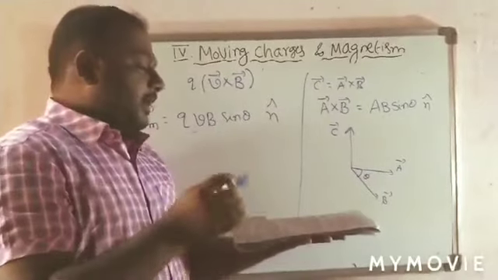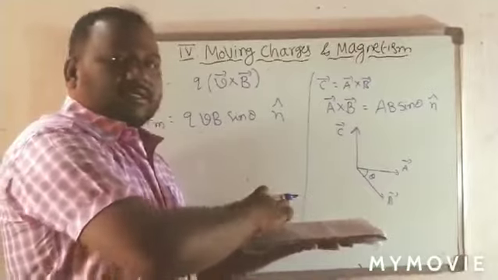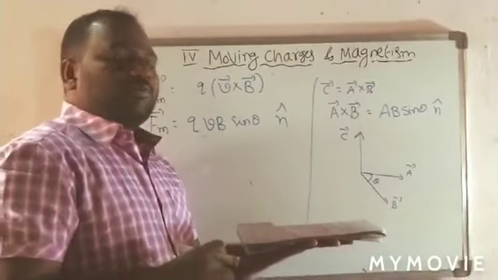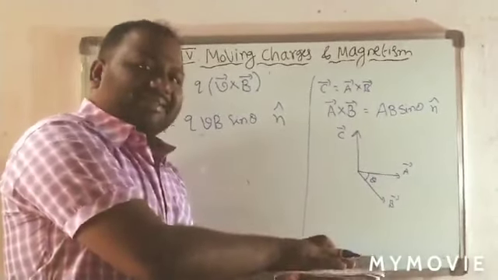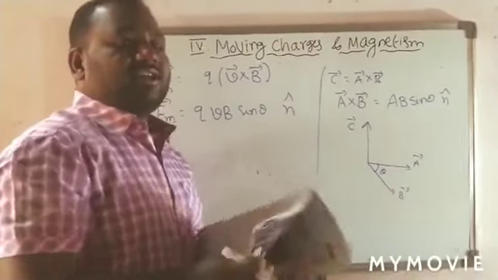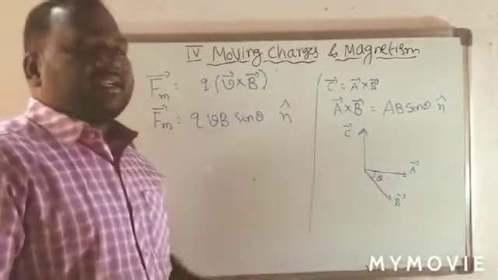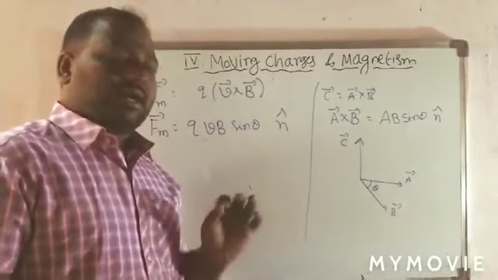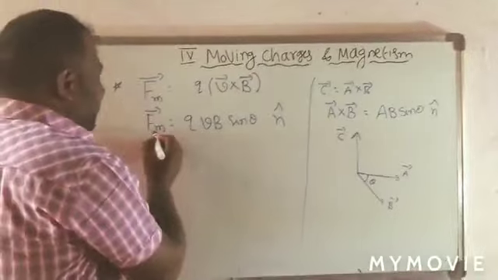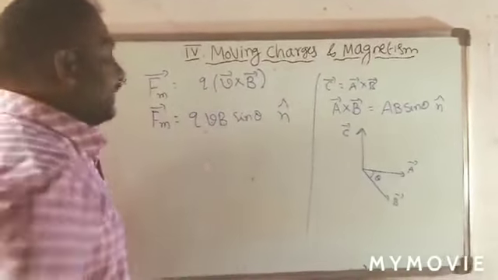But before, we have to understand here the velocity vector and the field vector both are on the xy plane. Then the force is along the z direction. That is called the normal direction. Next we discuss how to calculate the direction of magnetic force also. And here this Fm bar is equal to q V B sin theta along n cap.